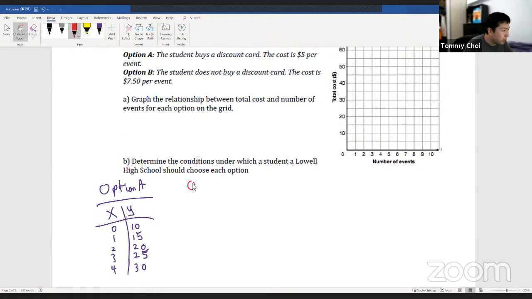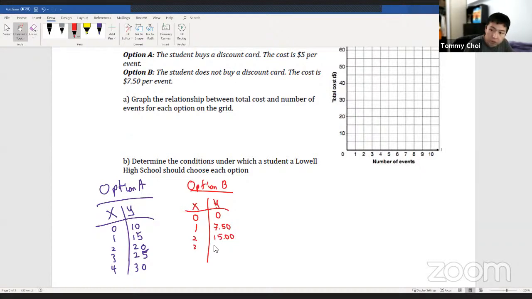For option B, using our XY table here, at 0 events attended, they only have to pay $0 because they're not buying a discount card. But if they go to 1 event, they are now paying $7.50. At 2 events, they are now paying $15.